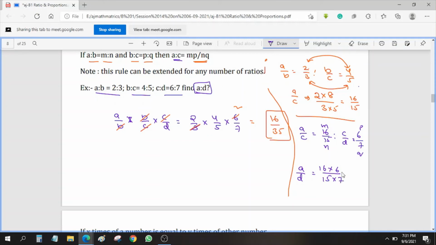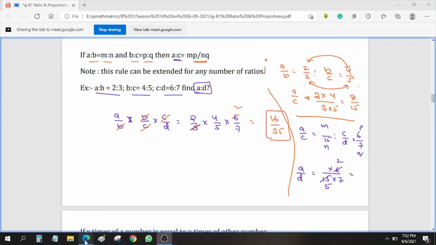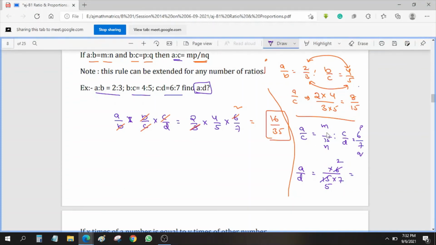So 3 twos are 6, 3 fives are 15. Somewhere we made a mistake. So this is 8 by 15, and we get 16 by 35.